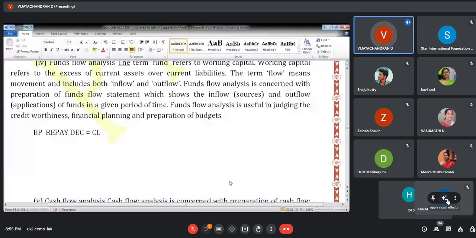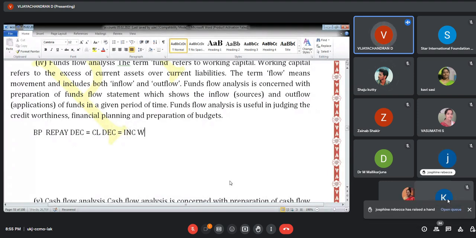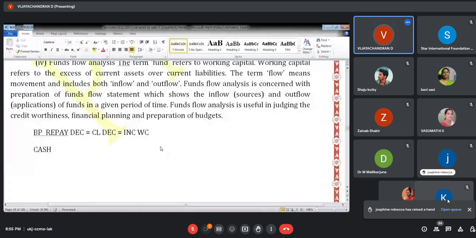If the current liability is decreasing, as I told, there is an increase in working capital. On the other side, you are settling the loan by paying cash, so the cash is reducing.